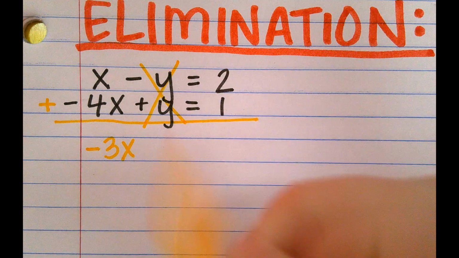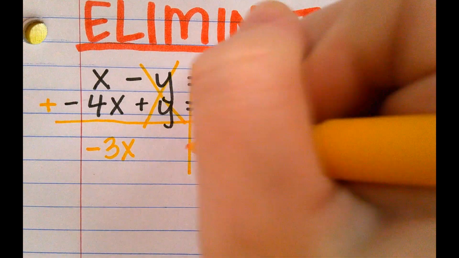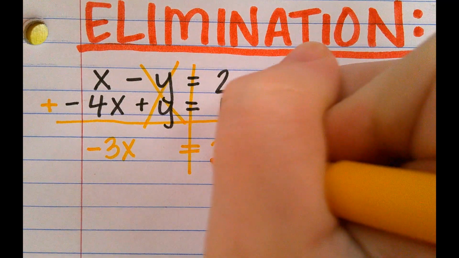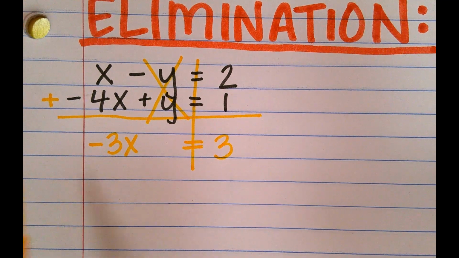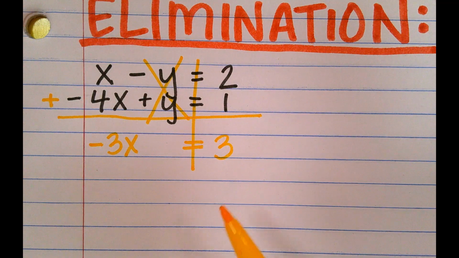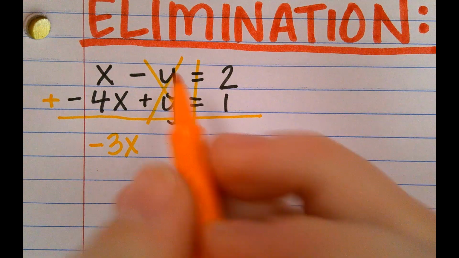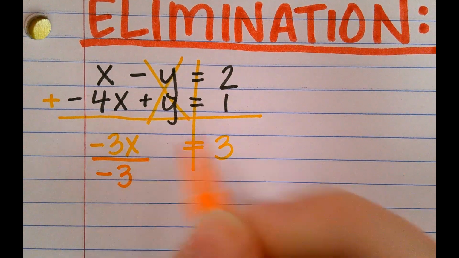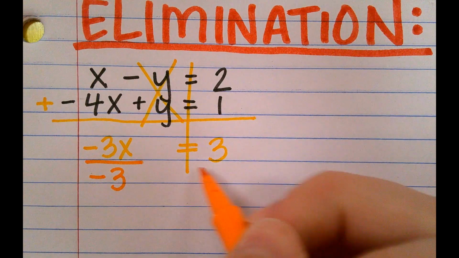Okay, so now I bring down my equal sign. What's 2 plus 1? It's 3. Good. Now I have an equation that says negative 3x equals 3. Can I solve this? I can. How do I do it? Negative 3 divided by 3. Yes, we're going to divide by negative 3. So get rid of the negative 3 on my x.